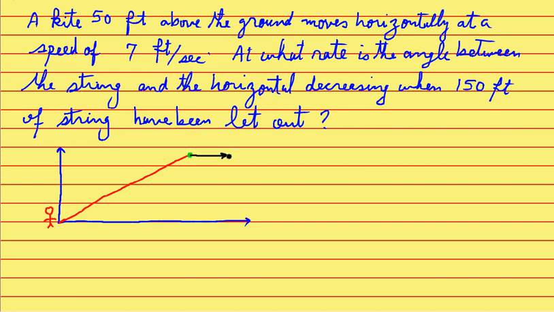As it goes this way, the string will be stretched out, and the angle, which was say at the beginning this big angle, is decreasing to this smaller angle. So with these clues I draw this picture.